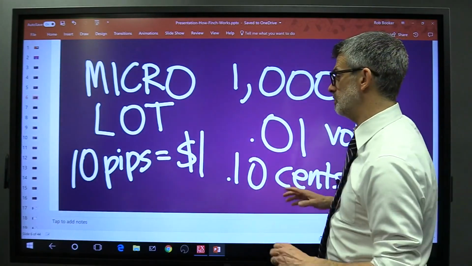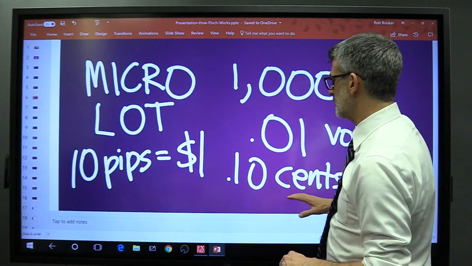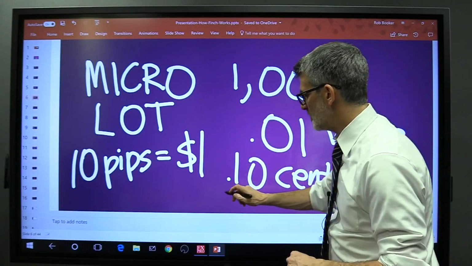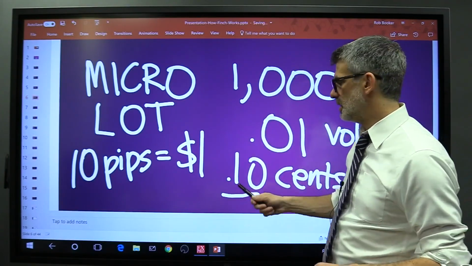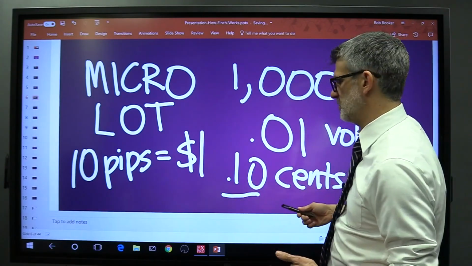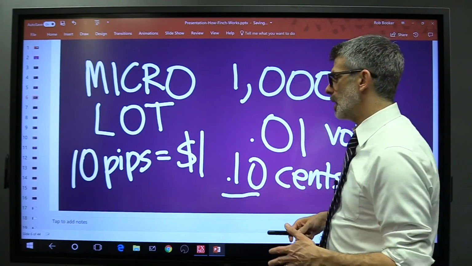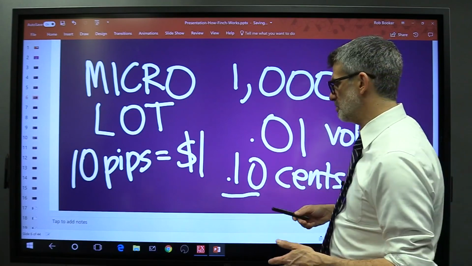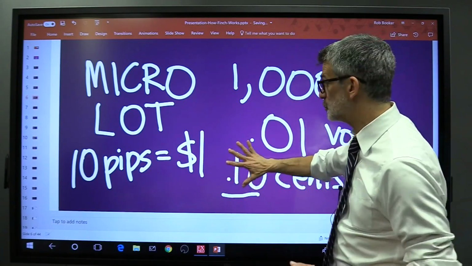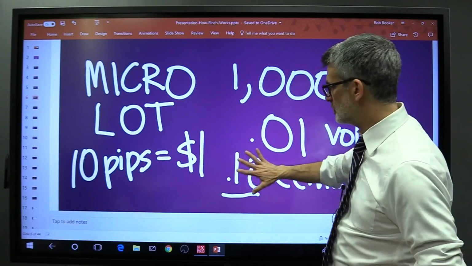Now these numbers are approximate. For most currencies, this is exactly what it will look like. If you're trading the Japanese yen, it might be 7 cents per pip or 8 cents per pip. If you're trading the British pound Australian dollar, it might be 13 cents a pip or some other number close to this number. Does that make sense, Nate? So it's close to this number.